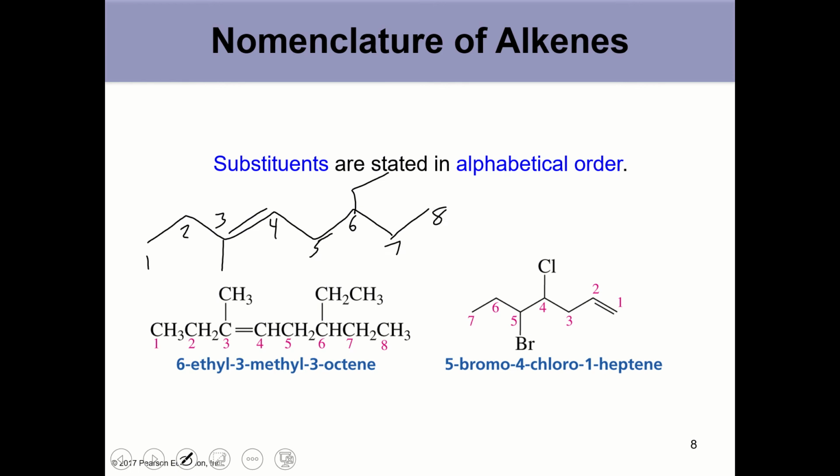At carbon 3, we have a methyl group, and at carbon 6, an ethyl group. At carbon 3, we also have our pi bond. So this molecule, listing the groups in alphabetical order, we would write 6-ethyl-3-methyl-3-octene, because the longest chain is 8 carbons.